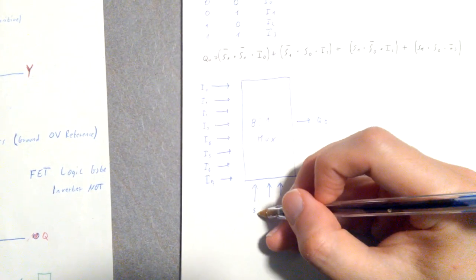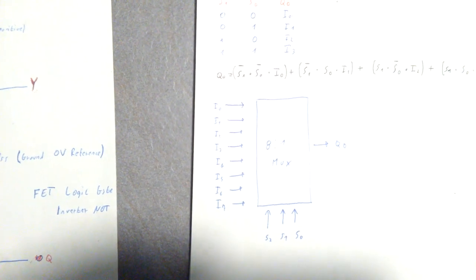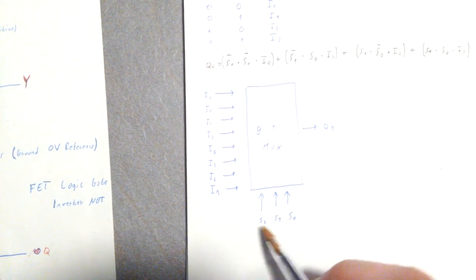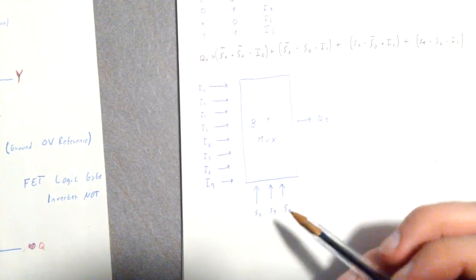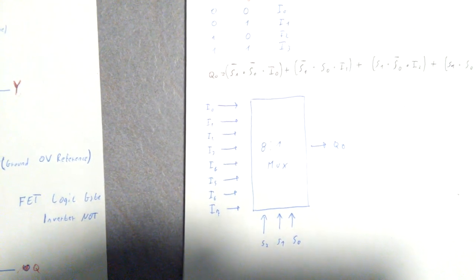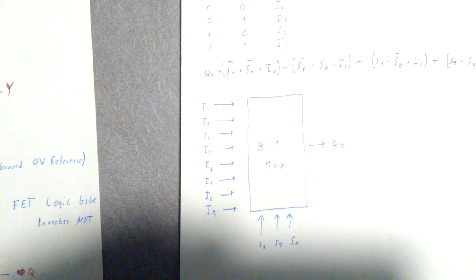So 3 address lines, S2, S1, and S0, over here, because this is an 8 to 1 mux. So we actually need 3 address lines because we need 3 binary digits to represent 8 different combinations. And therefore, we're going to use that.